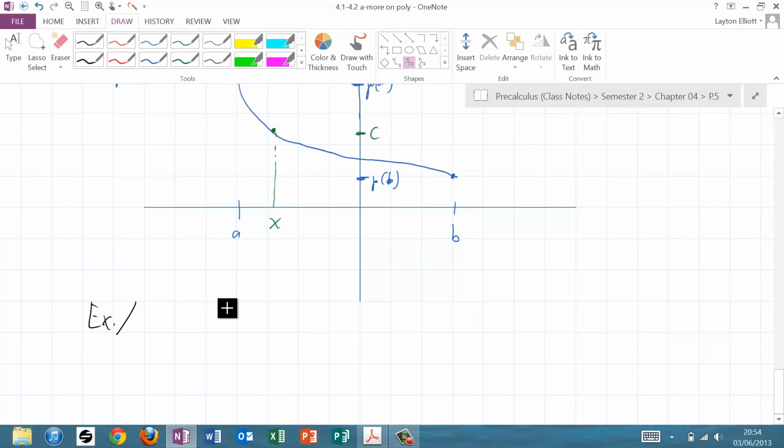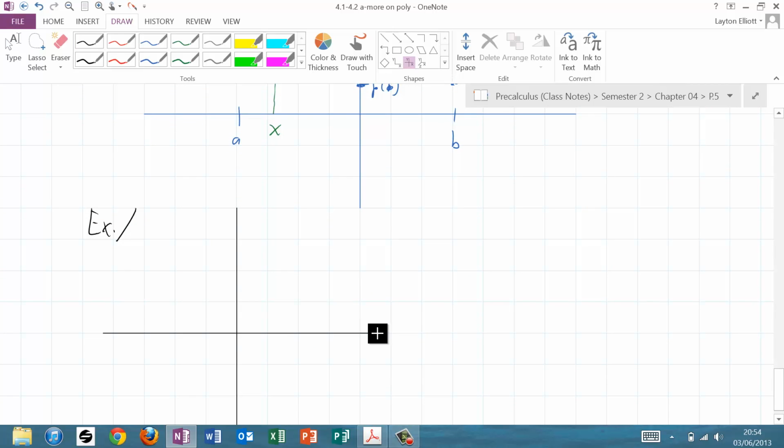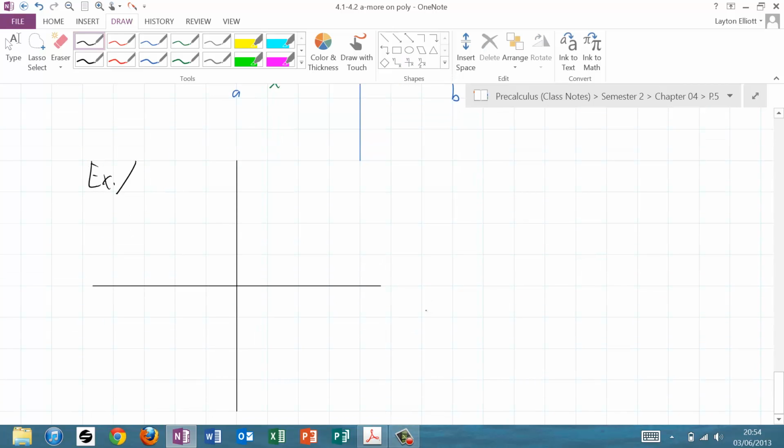I'm going to sketch another grid. I'm going to put the point 1, 2, and 4, negative 3. And I'm going to connect and draw through those.